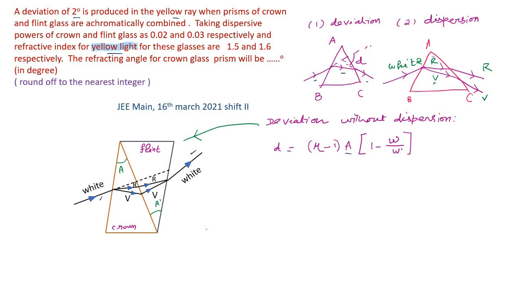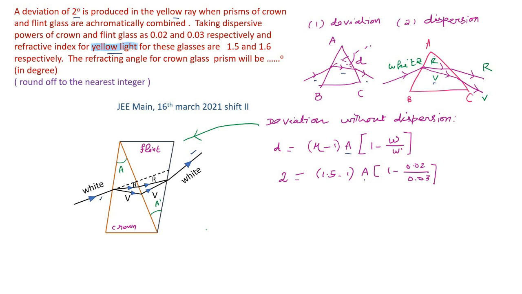Yellow light represents the average color in the visible spectrum. So D is given as 2 degrees. 2 equals (1.5 minus 1) times A, which is unknown, times (1 minus 0.02 by 0.03). I am just putting the data into this formula.